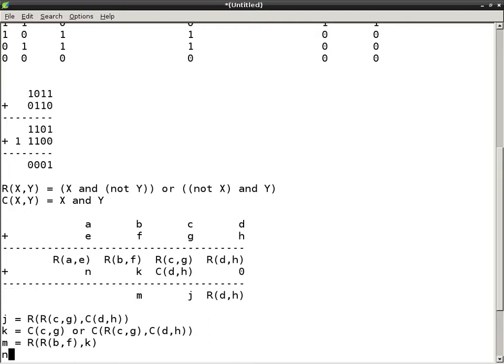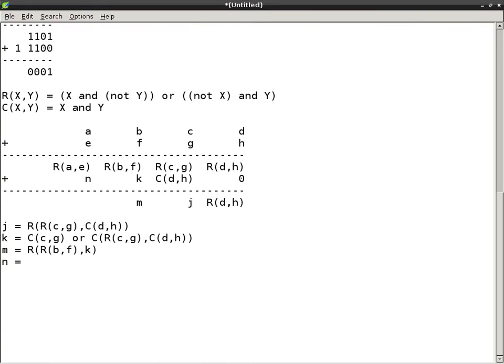So let's take a look at N here. How should I define bit N? Bit N is the carry from the previous column. The previous column has 2 ways to generate a carry. It can generate when we add bit B to bit F. It can also be generated when we add this bit to this bit over here.